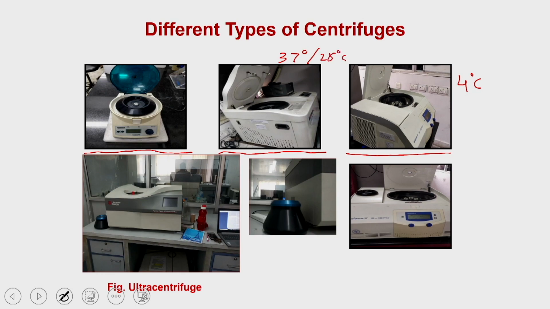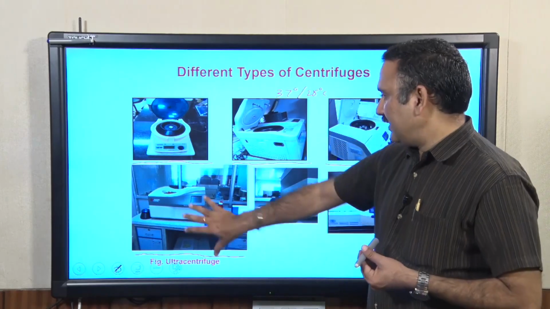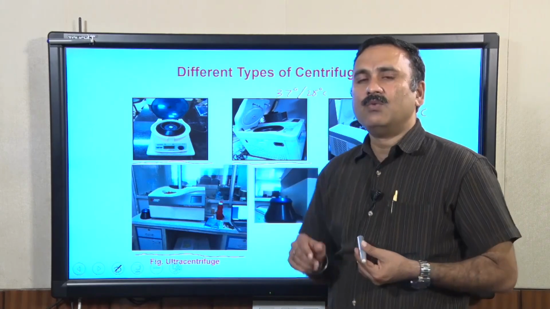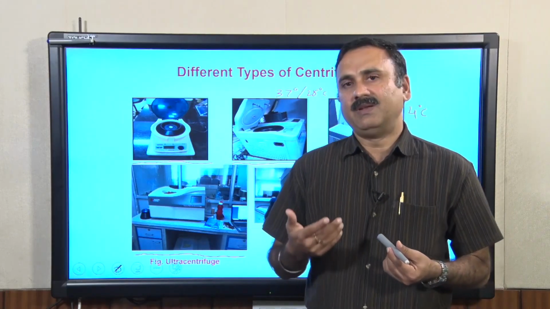Apart from that, you also have the ultracentrifuge. These ultracentrifuges can spin the sample at a very high speed, such as 1 lakh G or more. The advantage of these centrifuges is that they allow you to separate organelles which are very light.